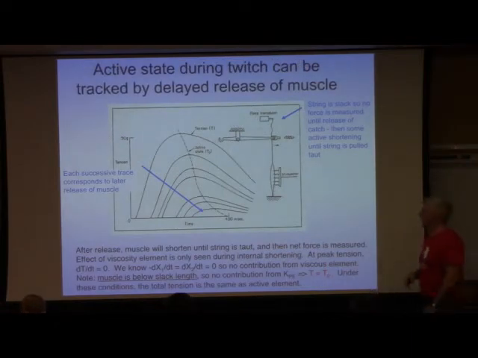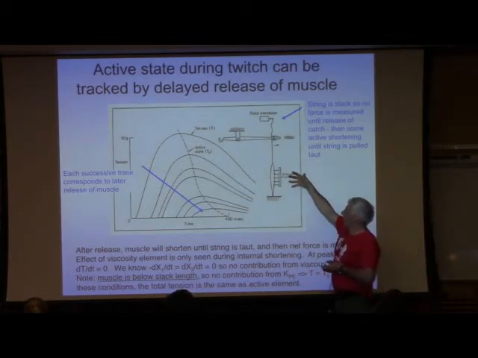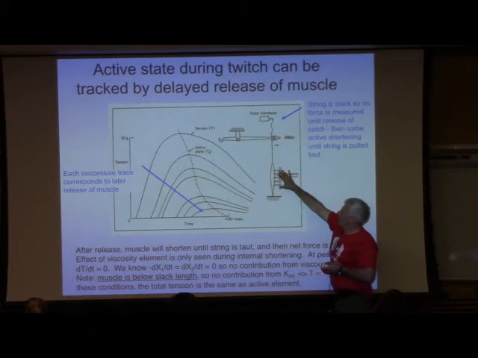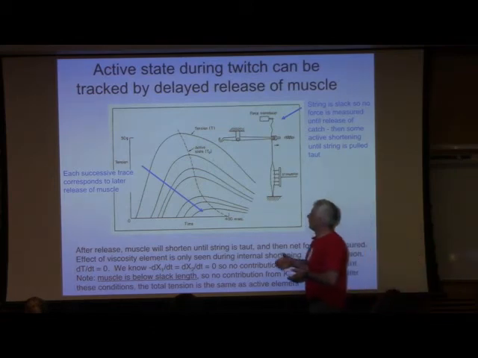In the first lecture there was this setup, which is kind of complicated and intuitively difficult. But what this was supposed to show was that if you stimulate the muscle, internally it tries to shorten, but it can't fully shorten until you release that catch. And when you release that catch later and later, you get different transients.